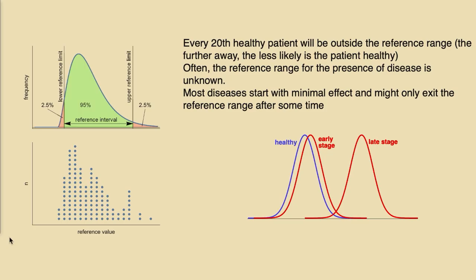I mean, the word normal is maybe avoided, because it has some connotations that they don't want to have. But anyways, it's just 95%. So that means every 20th person who is healthy should have a value outside this range.